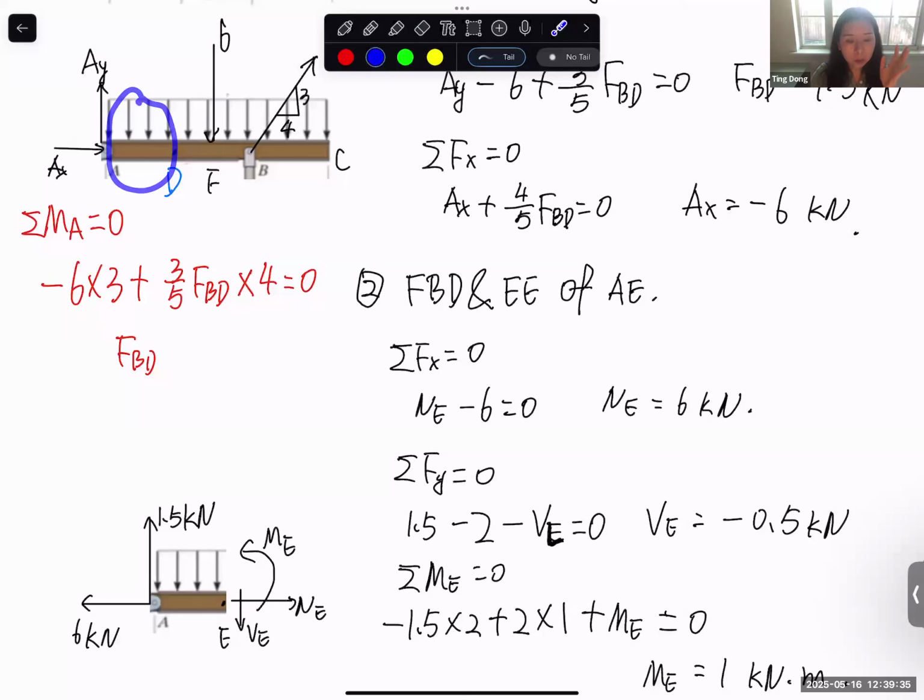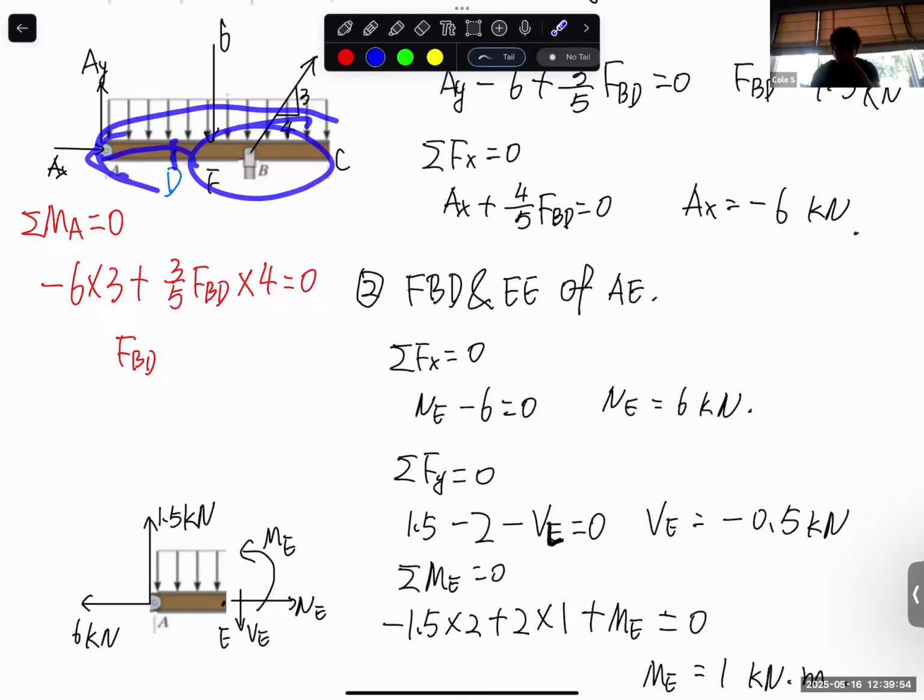When I consider the whole AC section and I cut through this point, I generate two surfaces. One is the surface pointing towards positive X. One is the surface on the right side pointing toward negative X. So the positive surface and the negative surface.